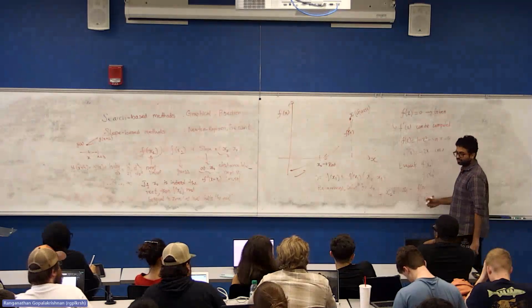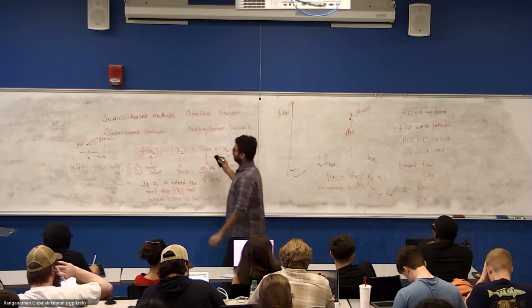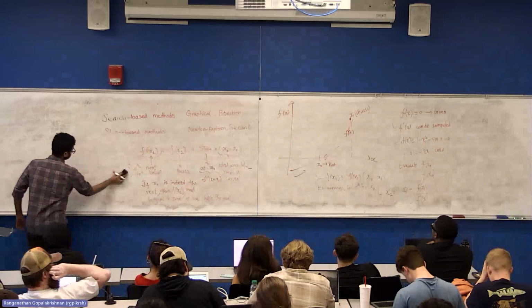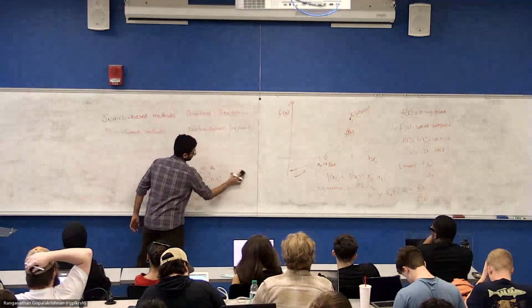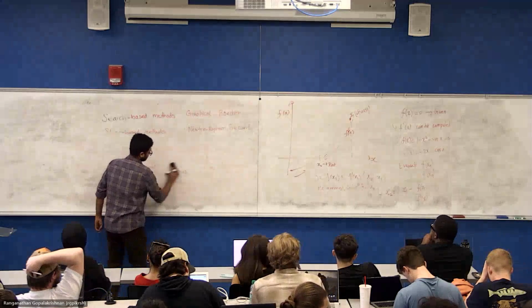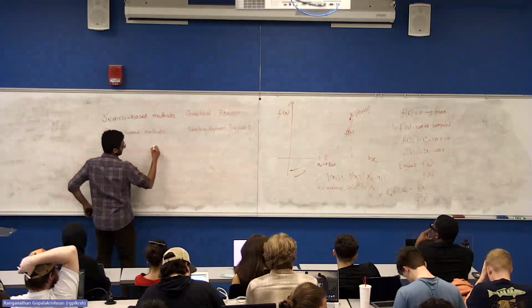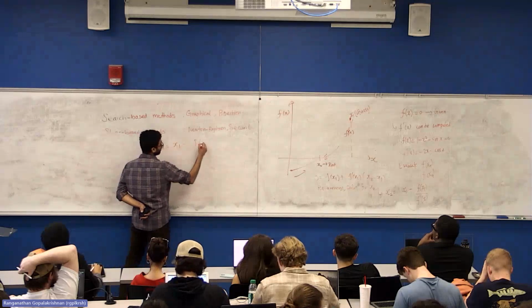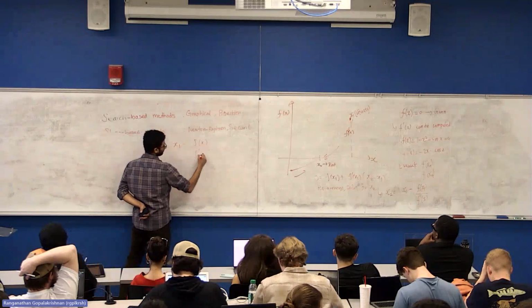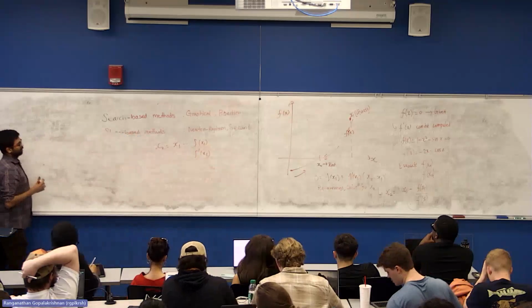So I'm going to erase this. x2 equals x1 minus f of x1 divided by f dash of x1.